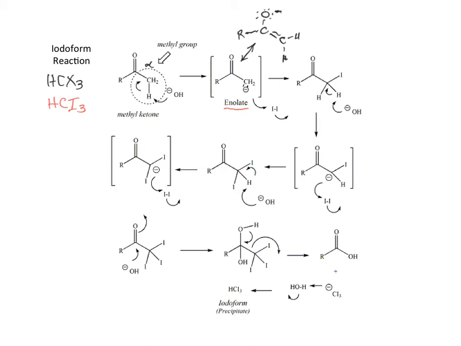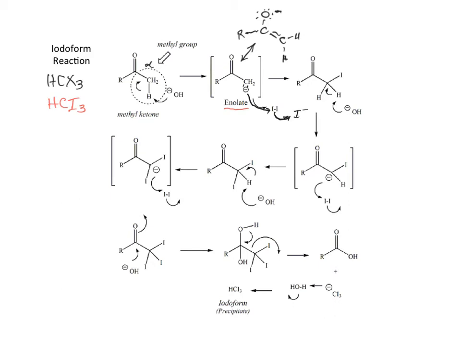So in this reaction, our enolate is going to act as a nucleophile and attack an iodine molecule. And that's going to cause almost an SN2 reaction where the other iodine gets kicked off as an iodide ion.